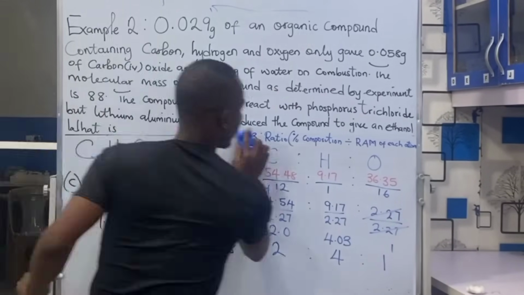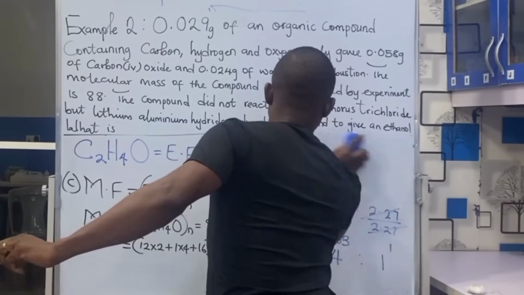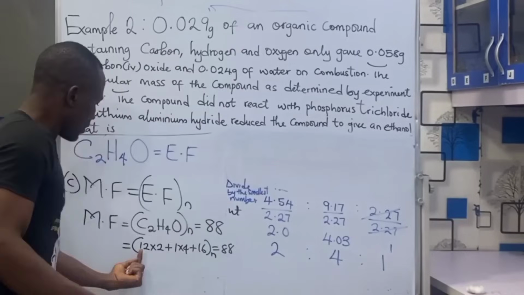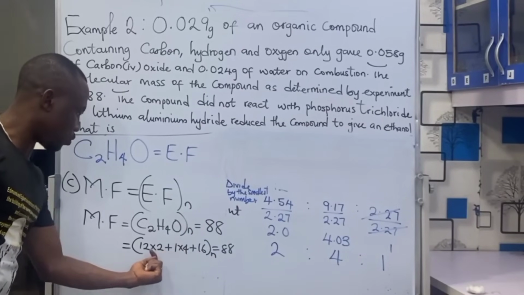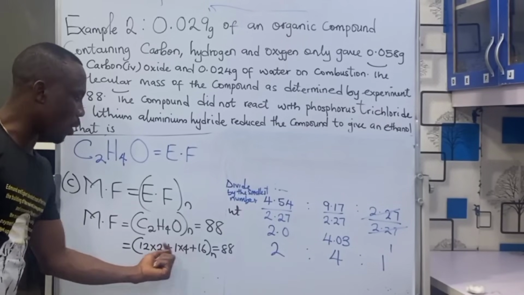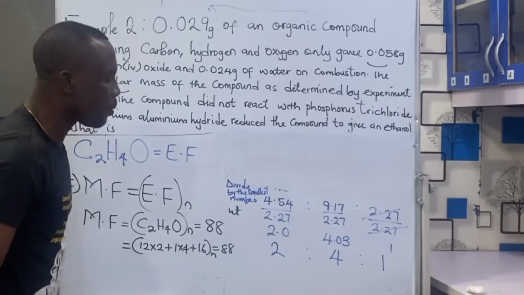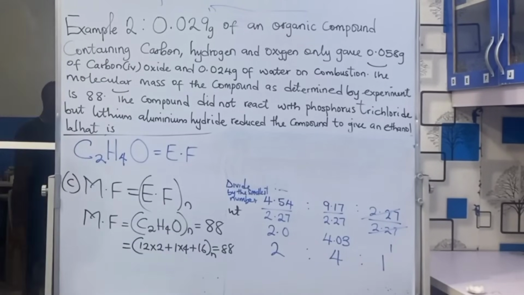When you do that mathematically, you arrive at 2 times 12 is 24, plus 1 times 4 is 4, so 24 plus 4 is 28. Of course we have 28 plus 16, and 28 plus 16 gives 44.